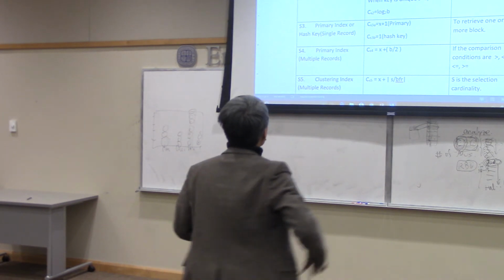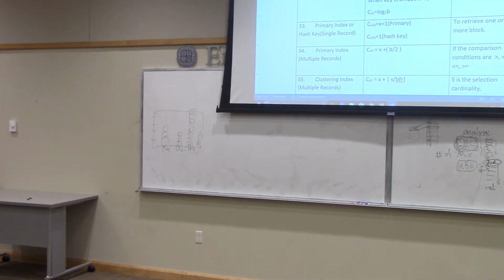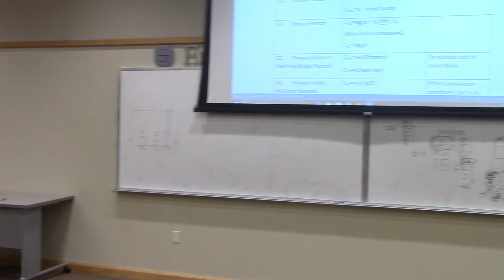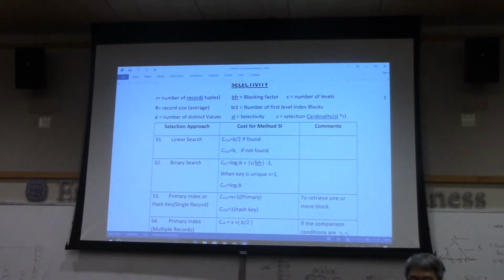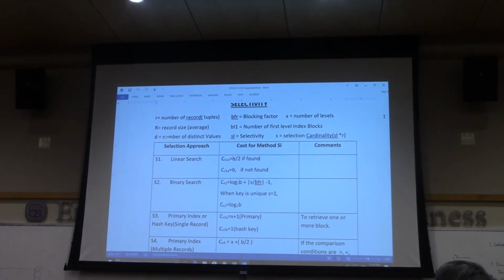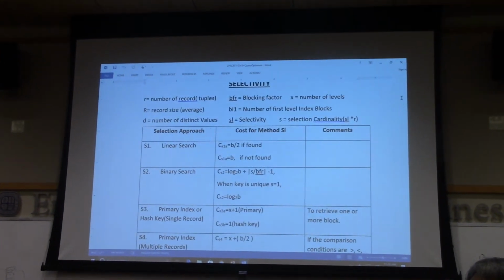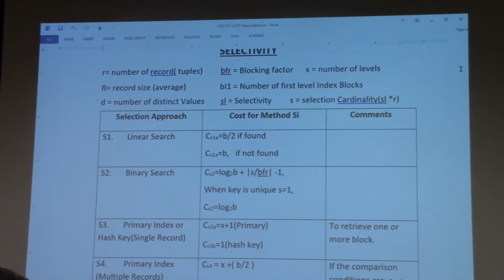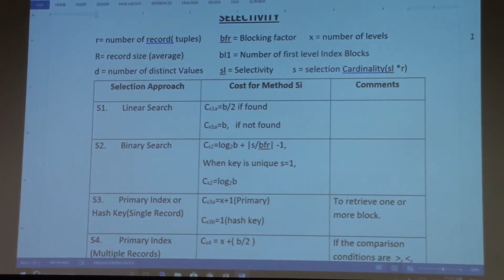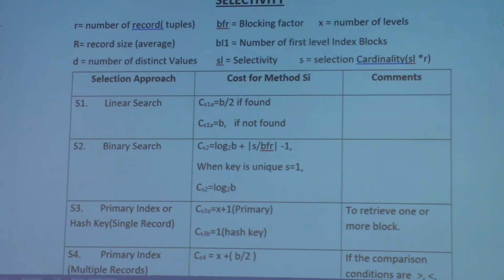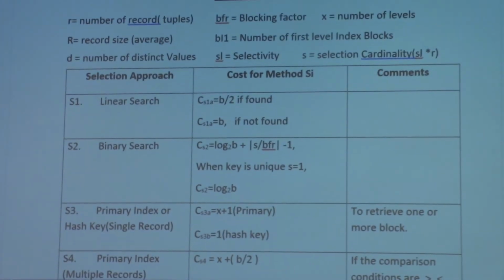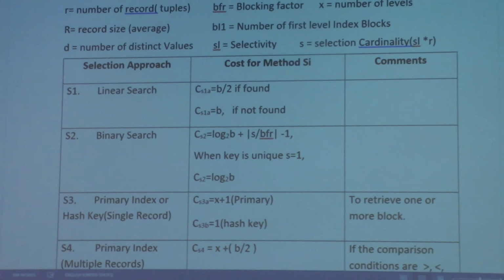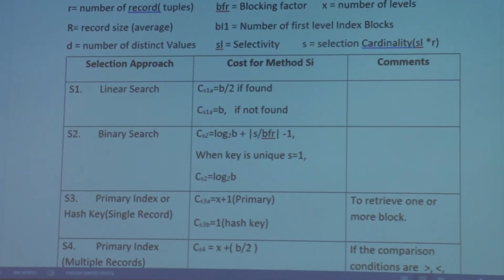We have a table like this. This is the table information. Then using the linear search, which is the brute force way, you need to check sequentially. All the records? No, you don't have to check all the records, all the blocks. So how long does it take? In other words, how many IOs? L. N. Number of records.